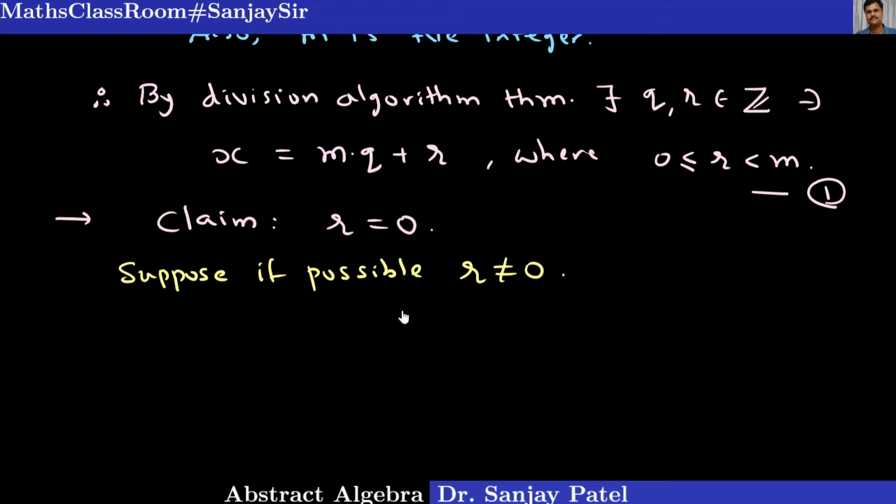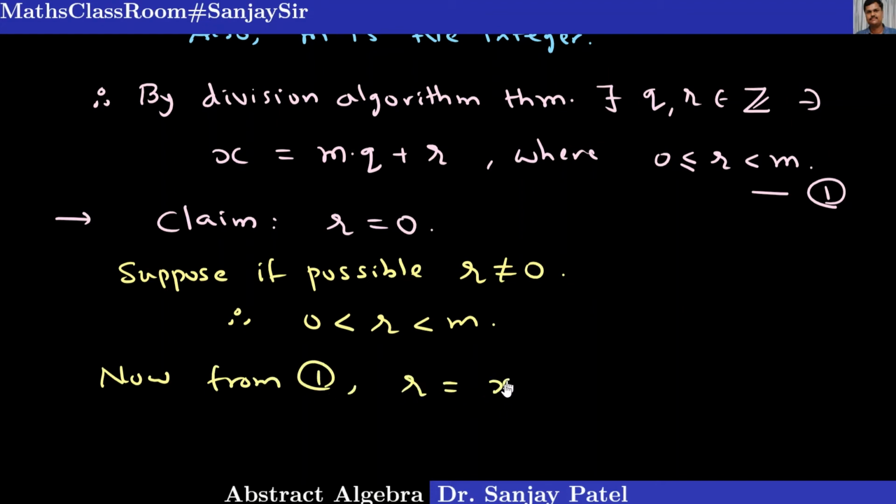Okay. So therefore we have 0 less than r less than m. And now from (1) we can write r is equal to x minus mq. Remember, everything in this equation is an integer. So x, m, q, r all are integers.